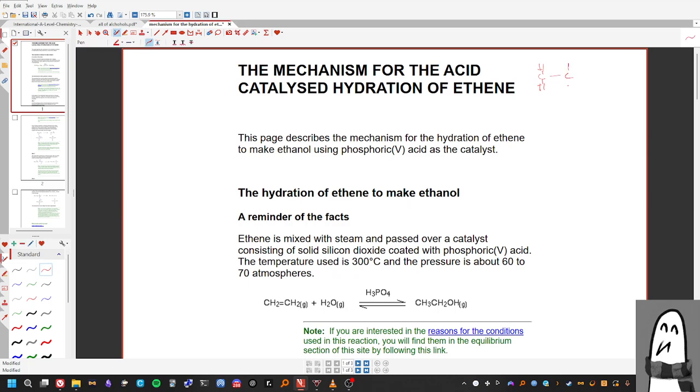Right, you have your other CH, and it's gonna be your double bond. Okay. And you have your H2O coming in like this, and your H2O is gonna form it like, right? And it's gonna be kind of your electrophile kind of thing.